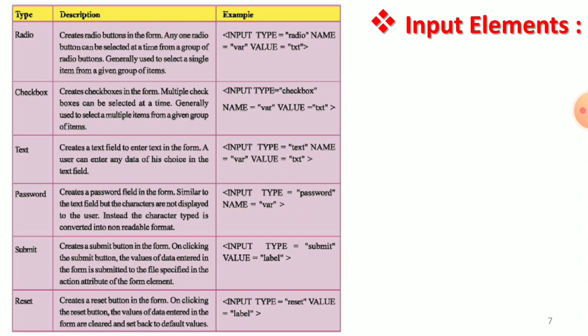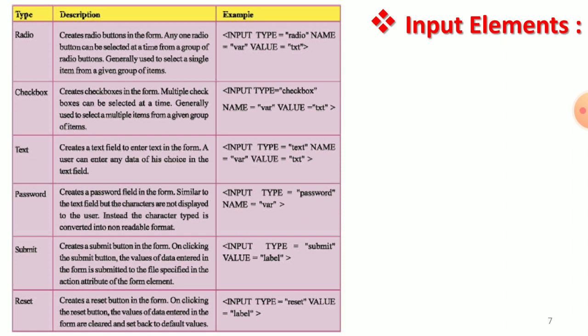Value of type attribute used with input tag. The chart is here. First is a radio button. What is the use of radio button?